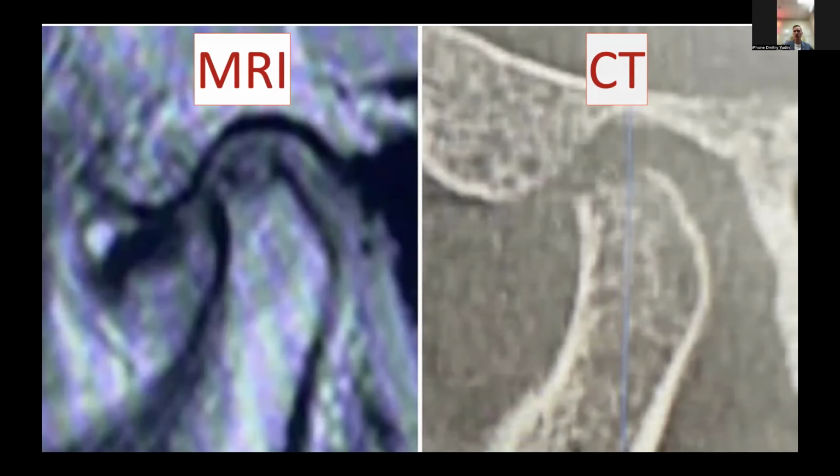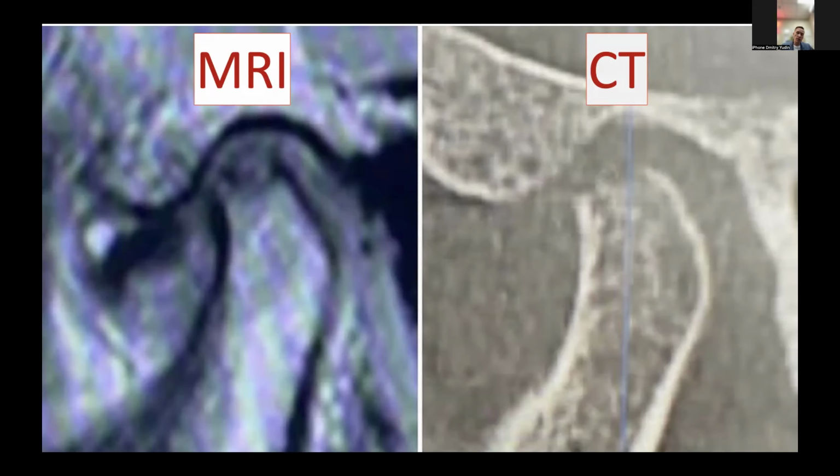Of course, there is a little degeneration of the cortical bone on the top of the head of the TMJ, but they think no pain, no problem, and start prosthodontic or orthodontic treatment, and afterwards they have a problem.